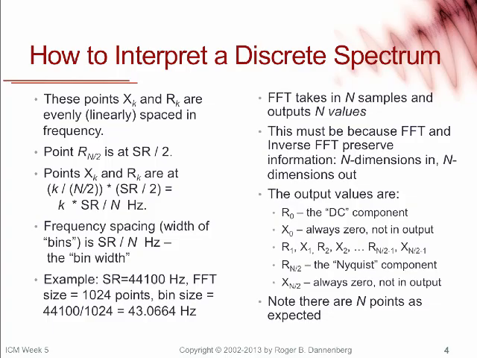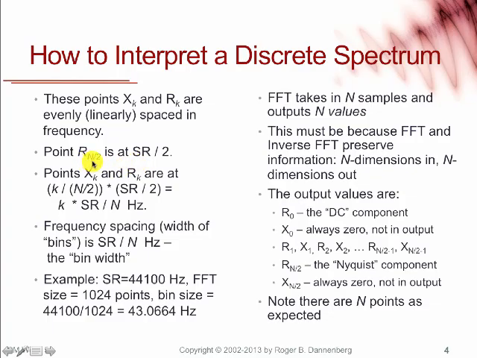This is addressed on the left-hand side of this busy slide, and the right-hand side of the slide is about how these coefficients are actually packed into an array of real numbers, which is the result that you get back from a Fourier transform when you call it in Nyquist. Okay, so back to the coefficients. We start with n samples of audio, and we compute n over 2 r coefficients and n over 2 x coefficients. Actually, it's n over 2 plus 1 because the coefficients go from 0 up to n over 2.